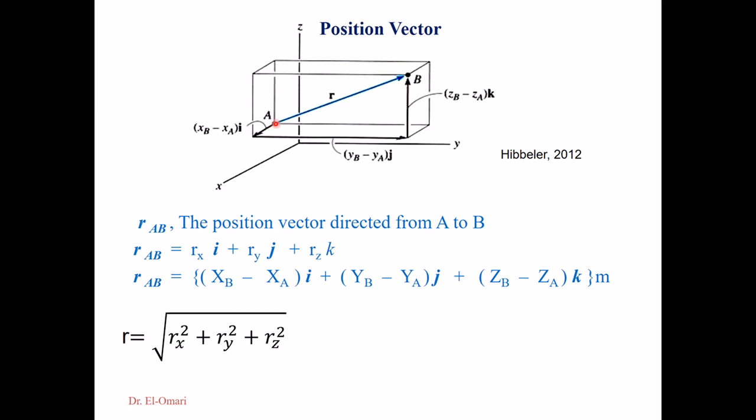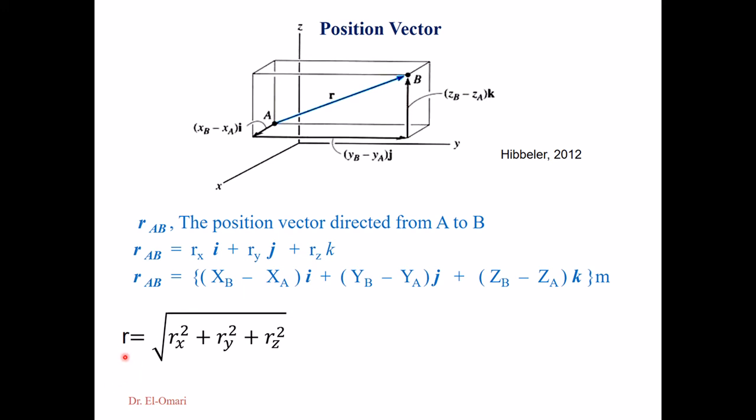We can also simply measure the distance if you just draw the path going from point A to B, whether you go this way or this way or anywhere, then you can just write the position vector in its Cartesian vector form.